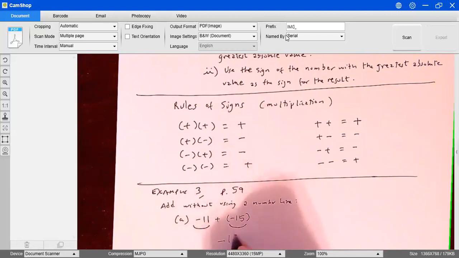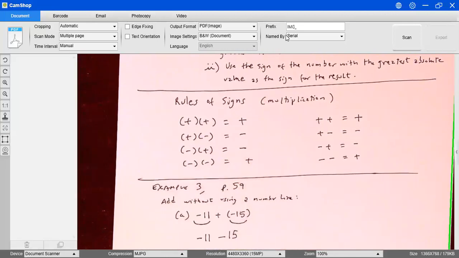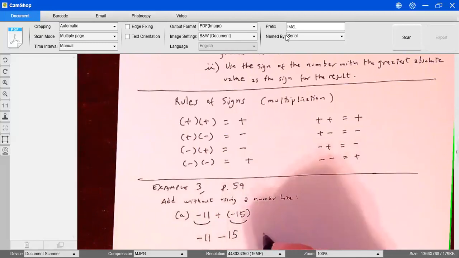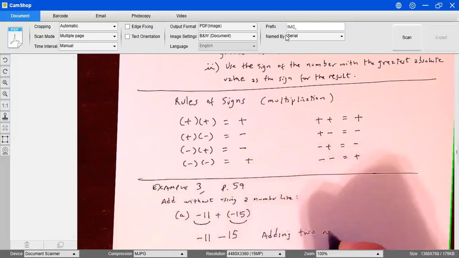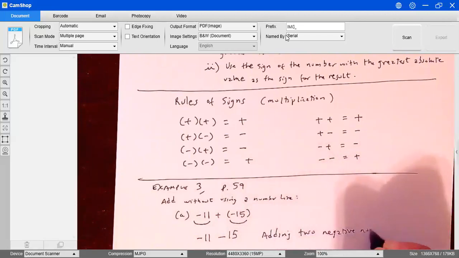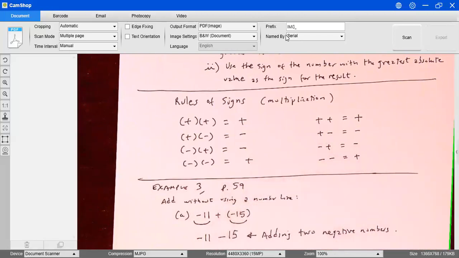So you're going to get negative 15, and you have here negative 11. So that's another way to see this operation, that you have two negative numbers together in some sense. So that's the way that you can read this expression. We are adding two negative numbers.